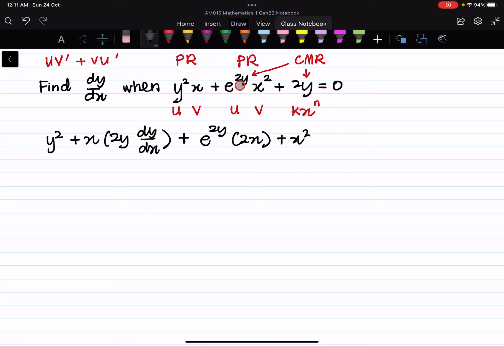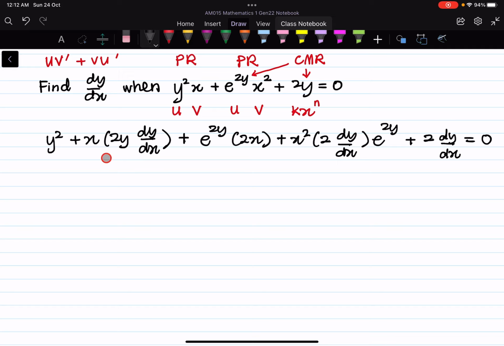So 2 dy/dx times e to the power 2y. We already differentiated 2y just now using the constant multiple rule, so it's going to be 2 dy/dx equals 0.